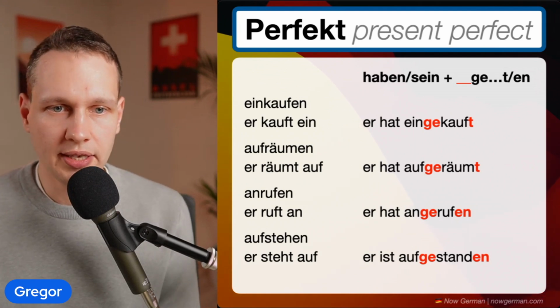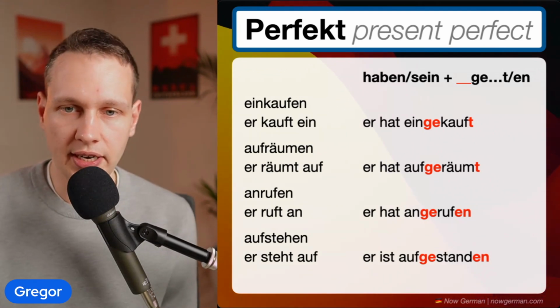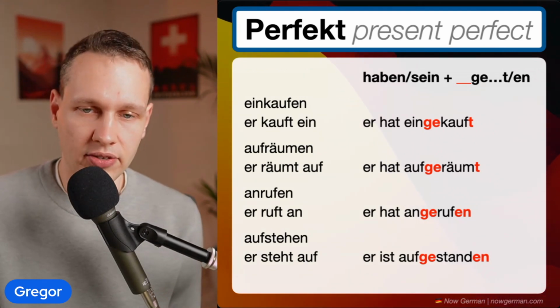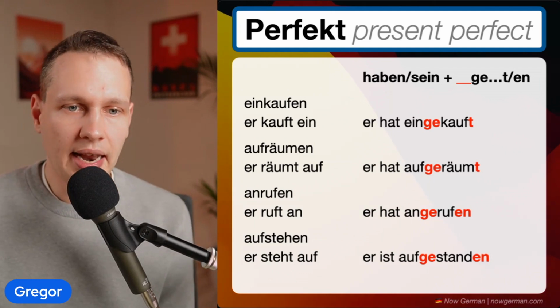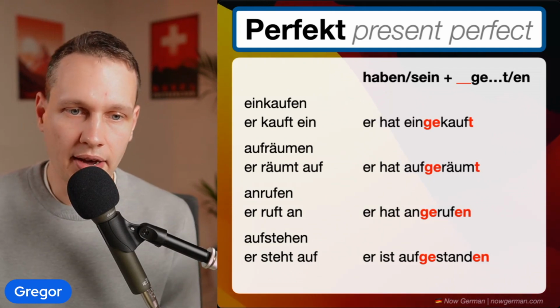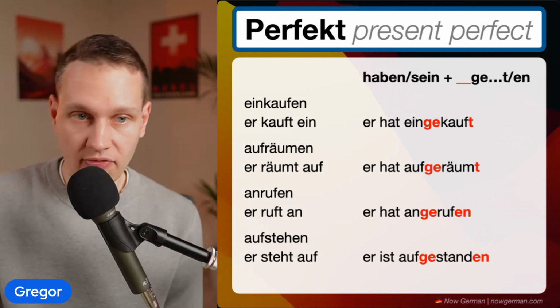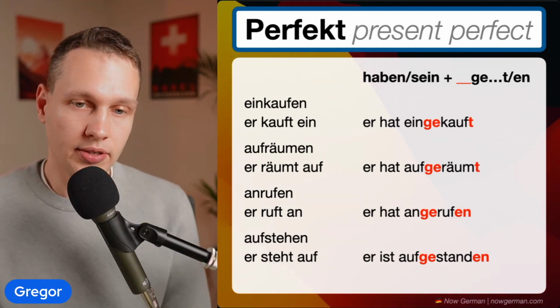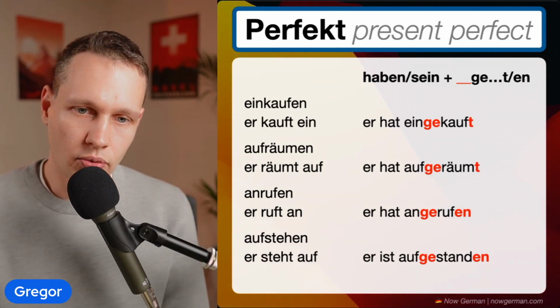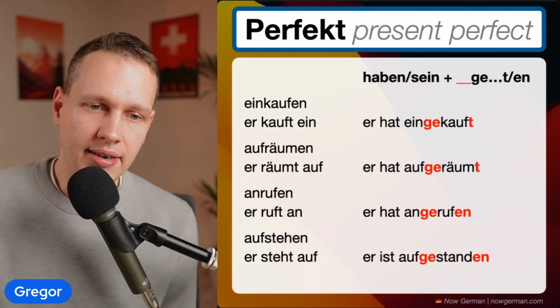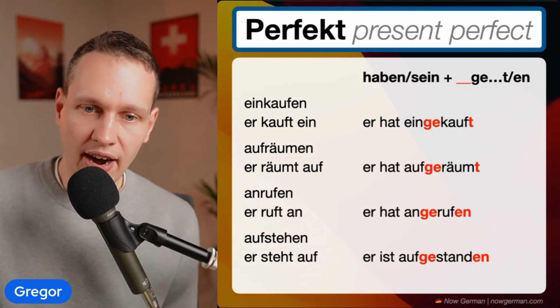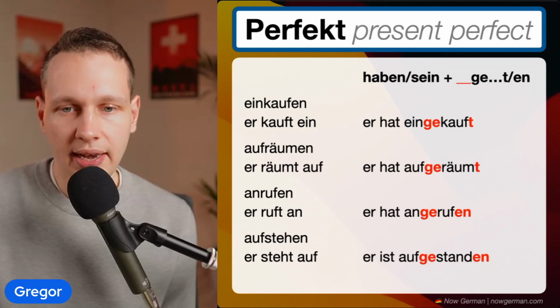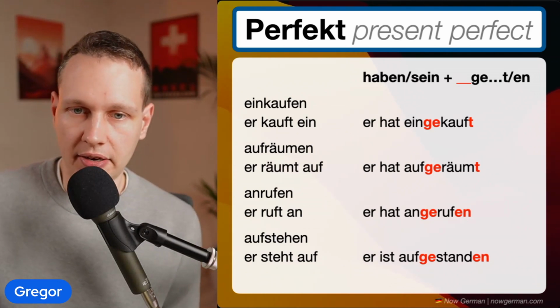Even though you don't necessarily see it from this conjugation, it has an en ending, so it's irregular. And then aufstehen, to stand up. You see, standing up has something to do with movement, so that's why it is conjugated with sein. And then in present tense first, it is steht auf, and in perfect, ist aufgestanden.